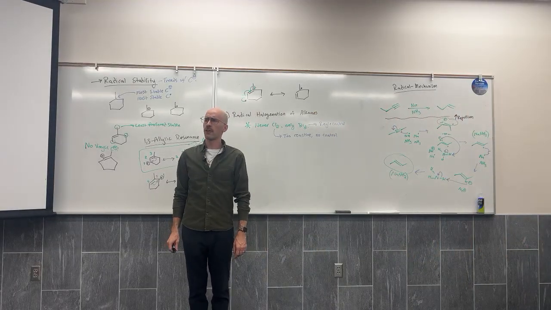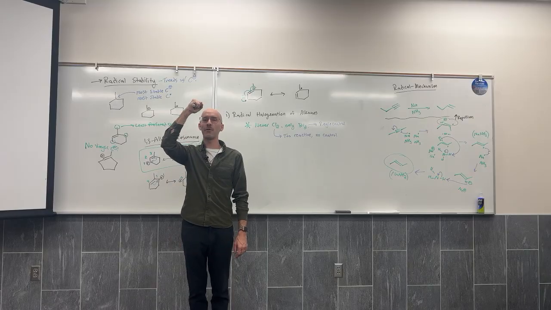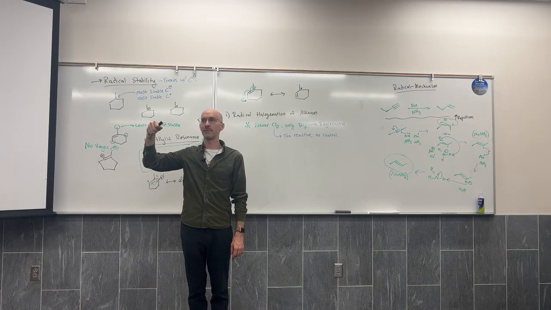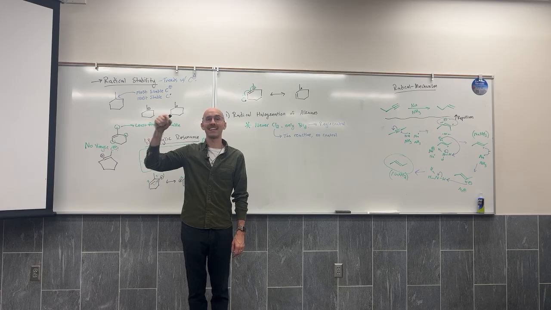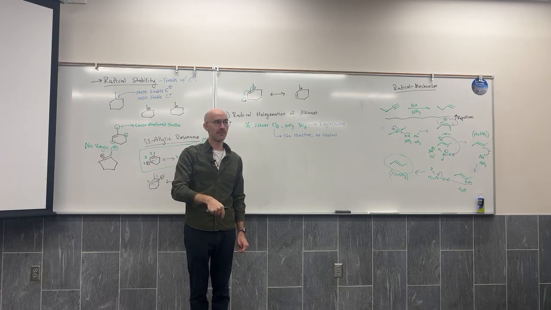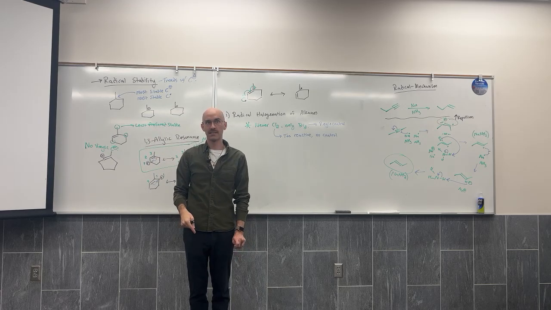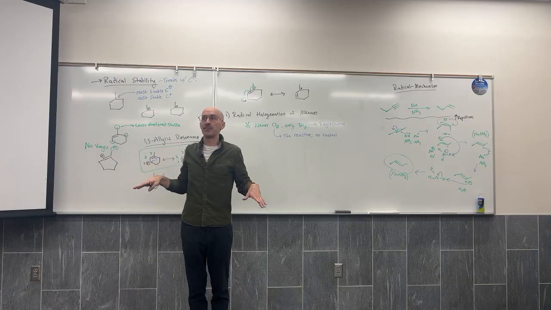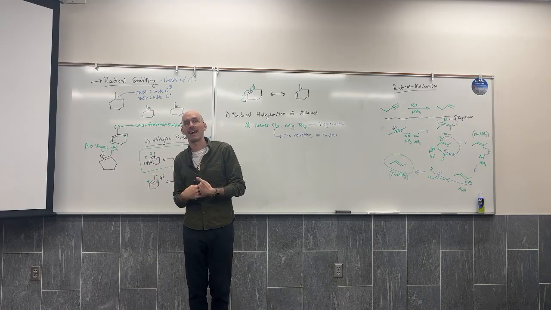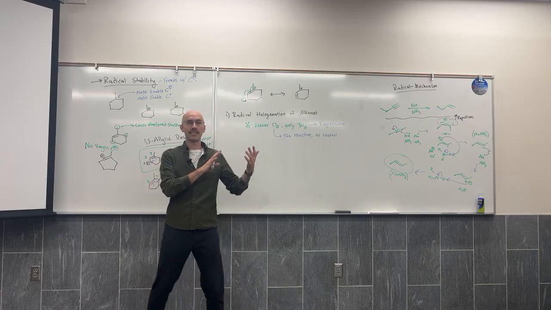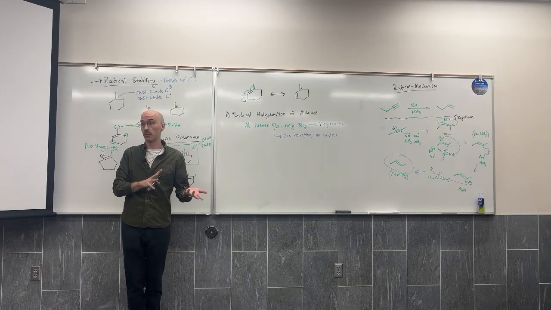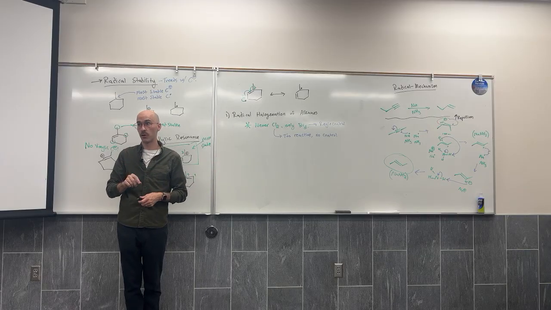It's like Markovnikov, but radicals. And that's exactly the point, because Markovnikov identified, without realizing it, that his carbocation was going to the most stable place. It wasn't about where hydrogen was going, it was about where the carbocation was going. It's the same thing here. The most stable radical will form. The most stable intermediate will form.